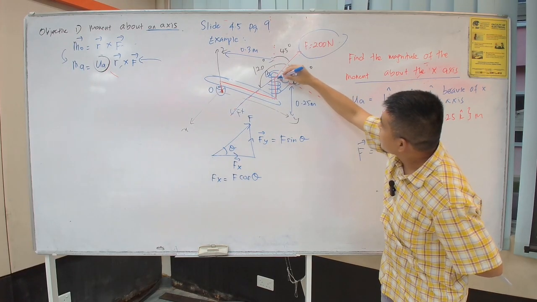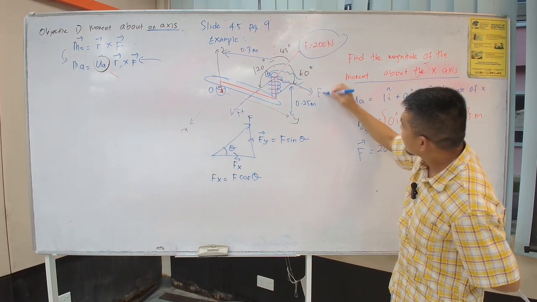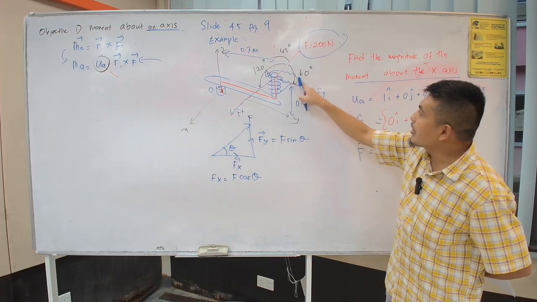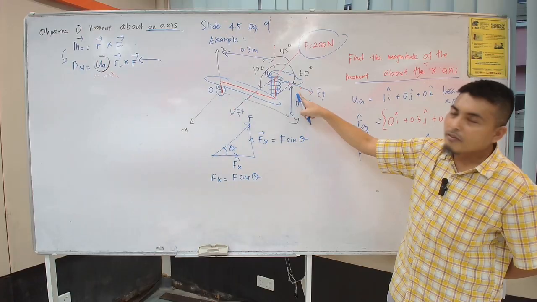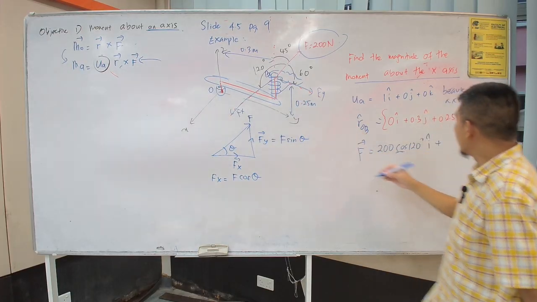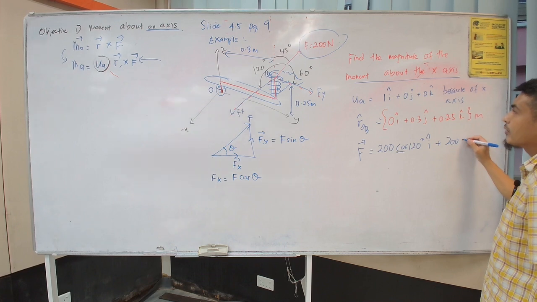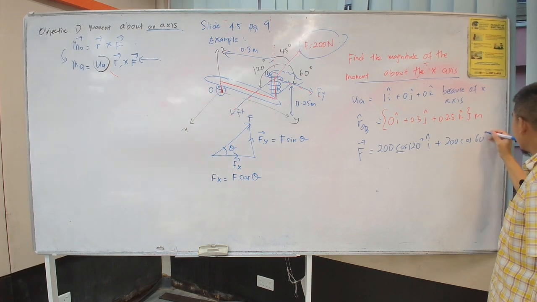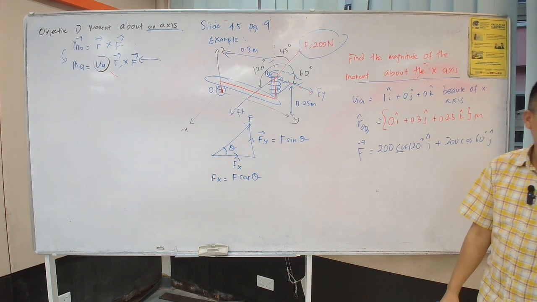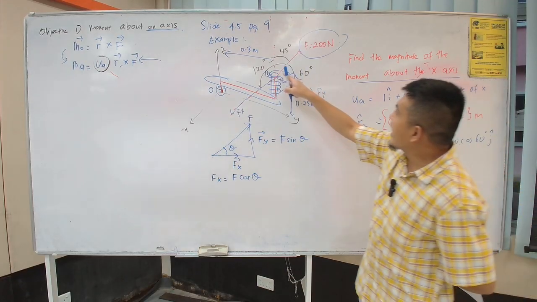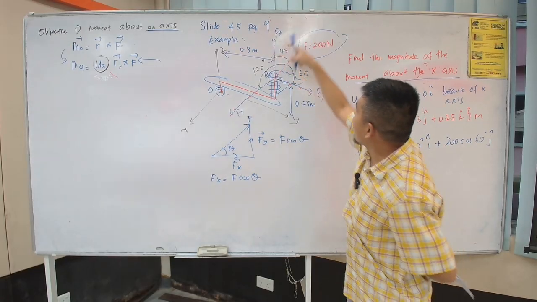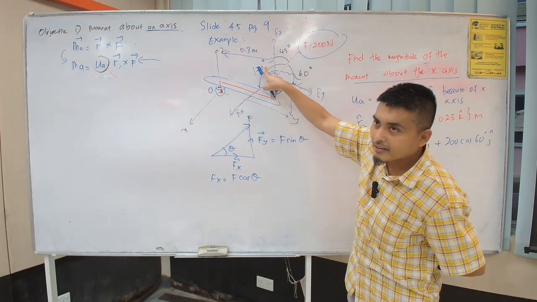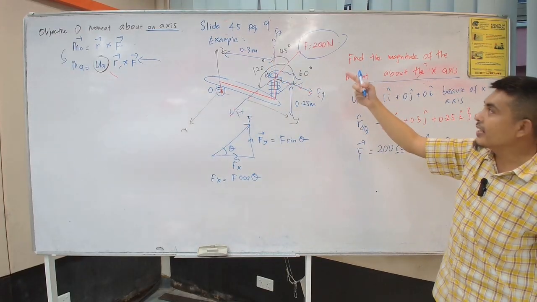This is the Fy. Is the angle opposite or beside? Do you use cos or sine? So you use 200 cos 60 in the j direction. And then this is your Fz. Is the angle opposite or beside? Do you use cos or sine?